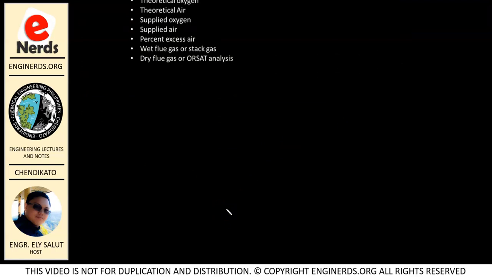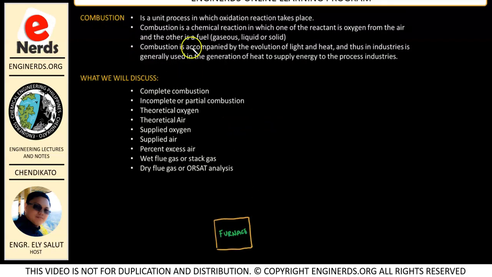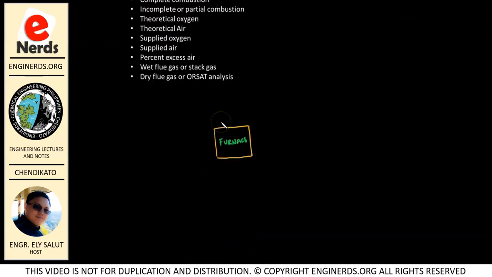Dito sa ibaba. So, let's say we have a combustion reactor here or a furnace, no? Okay, so this is our furnace. And then, sabi sa ating definition, combustion is a chemical reaction in which one of the reactants is oxygen from the air and the other is a fuel.